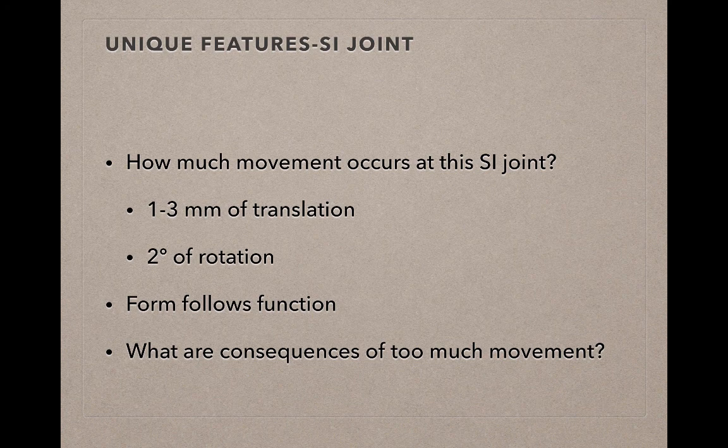So on the posterior side, we have the interosseous ligament, and this covers the majority of the posterior aspect of the SI joint. Additionally, we have a posterior sacroiliac ligament, and its counterpart on the anterior side, the anterior sacroiliac ligament.